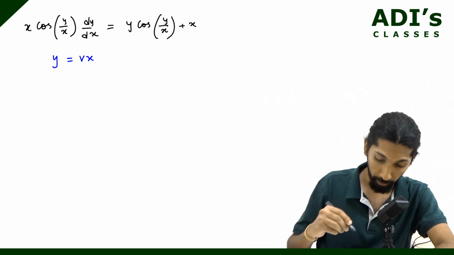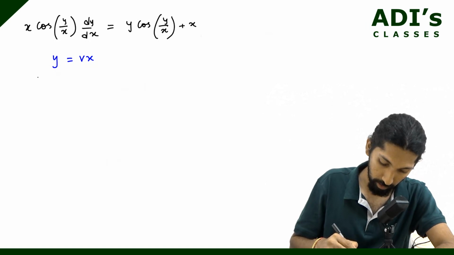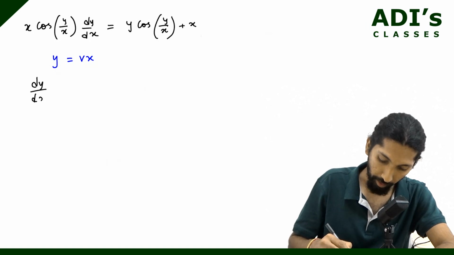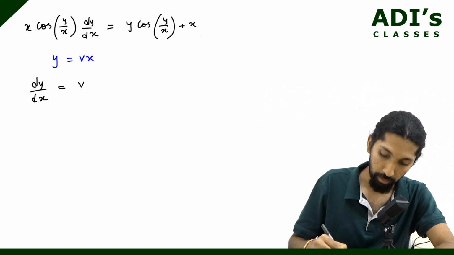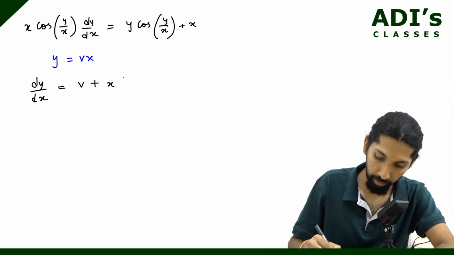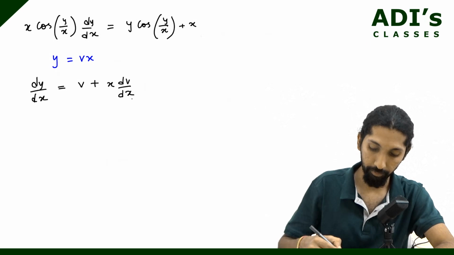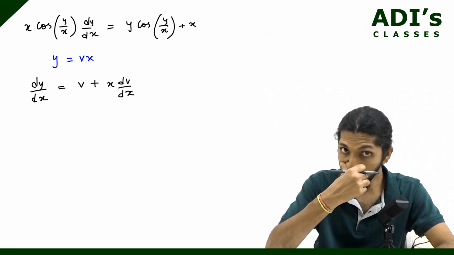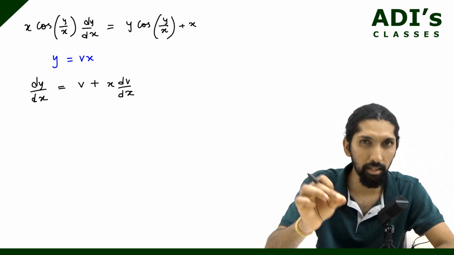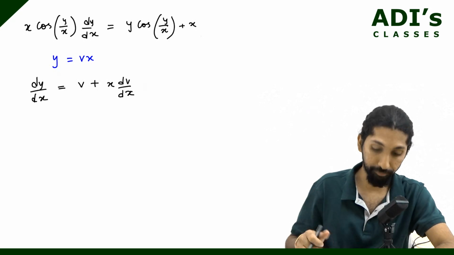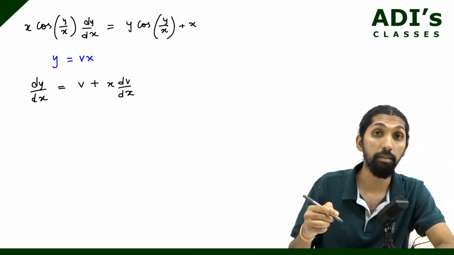Okay, differentiate. That is dy by dx is equal to v plus x into dv divided by dx. Now, why do we do it this way? You will understand it at the end of this problem. Now, let's try to substitute.